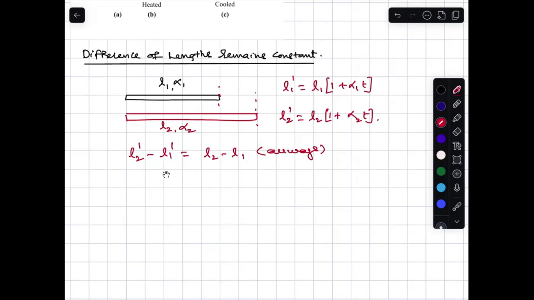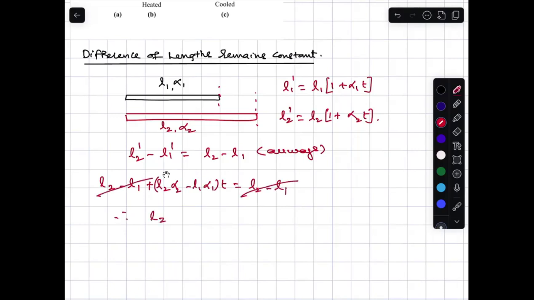Now, can you please help me in writing L2 dash minus L1 dash? L2 dash minus L1 dash is nothing but L2 minus L1 plus (L2 alpha 2 minus L1 alpha 1) T, which must equal L2 minus L1.